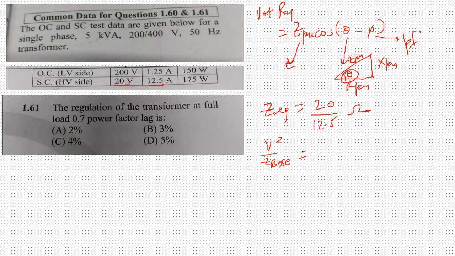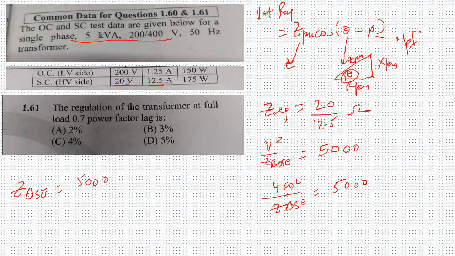The power is 5 kilowatt, I am writing it as 5000. This is also given in the question. So V squared is 400 squared over Z base is equal to 5000. From here you can calculate Z base, which will be equal to 400 squared over 5000.